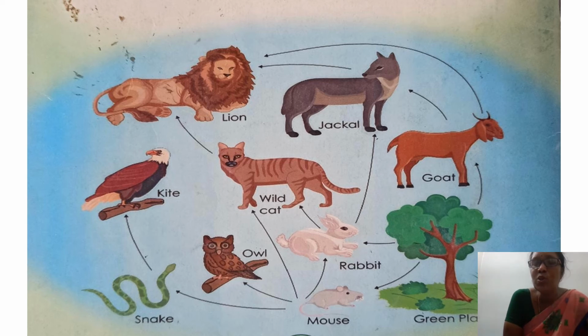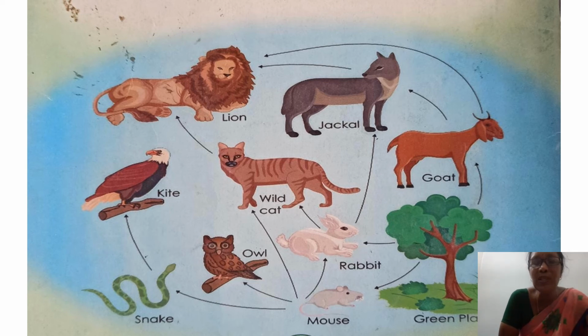Then cows, sheep can't get many plants. So if one animal doesn't eat another animal, that animal's population grows. Then it harms the population of other animals.